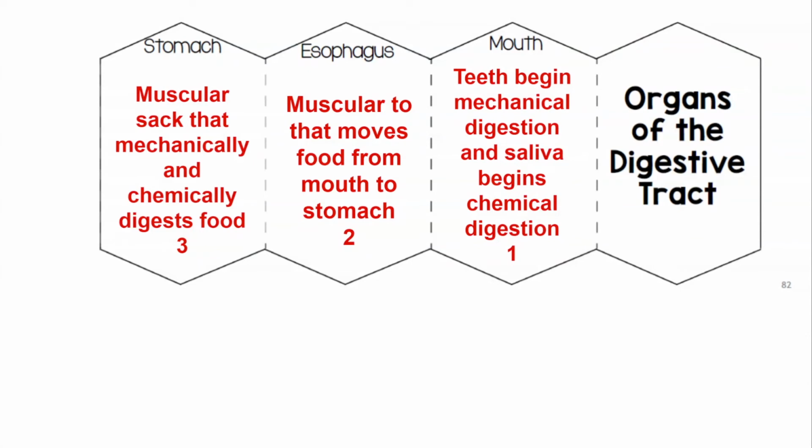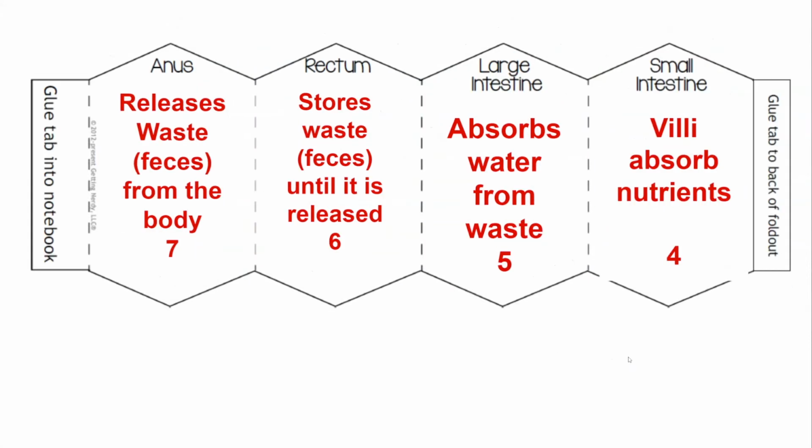Then it goes to your stomach. The esophagus leads to the stomach, which is a muscular sac that's going to churn the food, and it's going to add acids in there to break down the food until it gets to the small intestine. The small intestine will do a little bit of digestion also. In other words, there's some enzymes and things that are going to be added to it here to further break down the food.